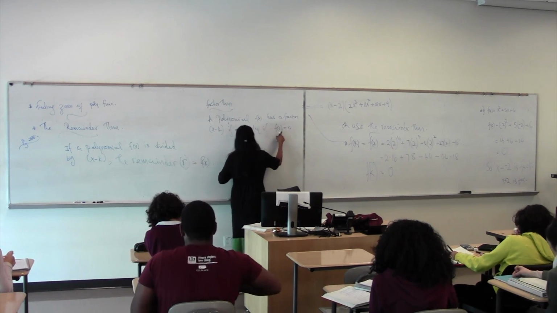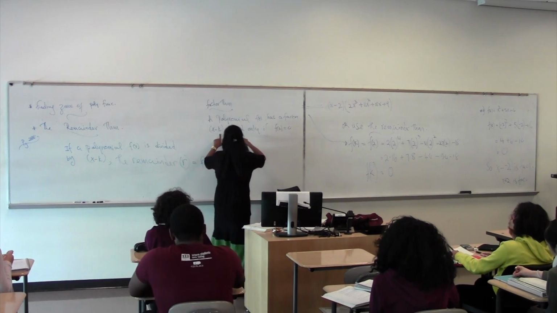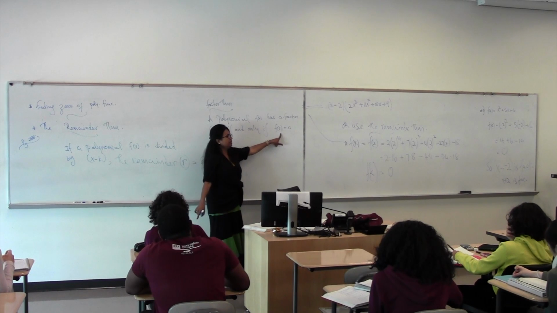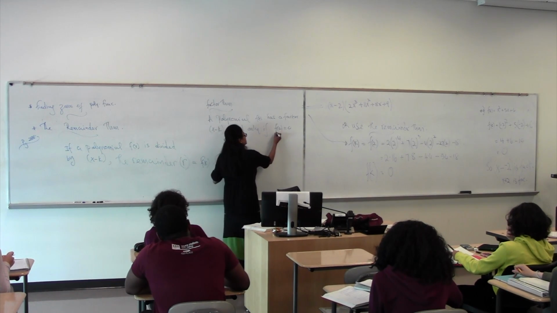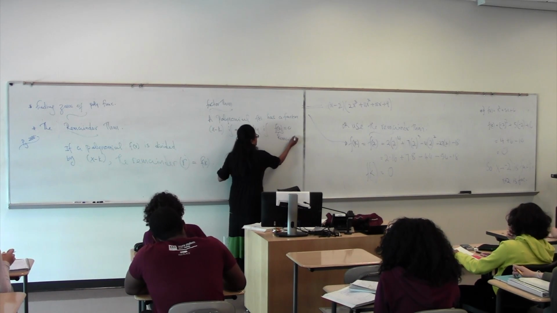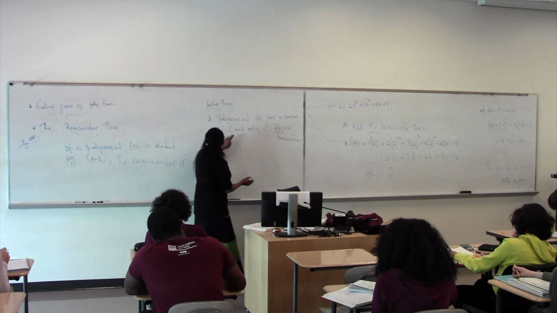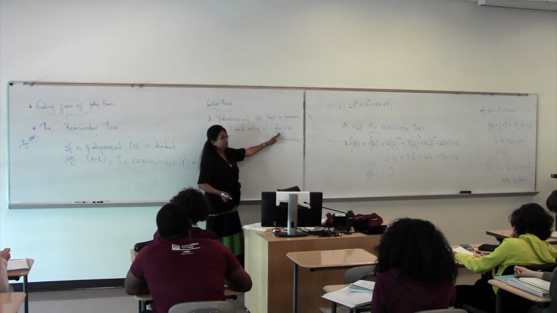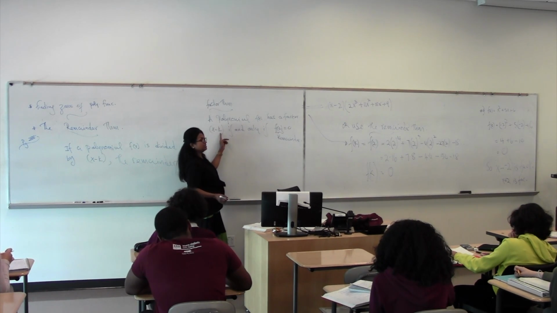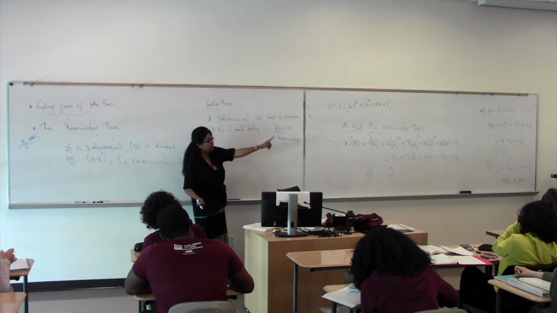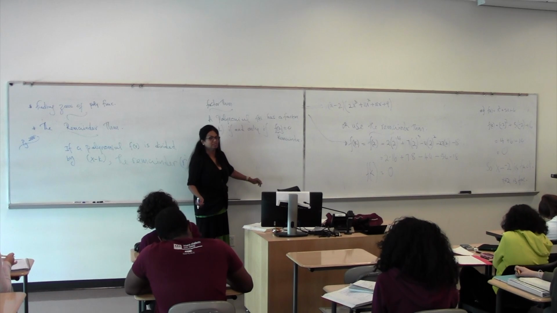F of k is the remainder. Remember, if you divide f of x by x minus k, f of k is the remainder. This means x minus k is a factor. Like that, x minus (negative 2) is a factor.